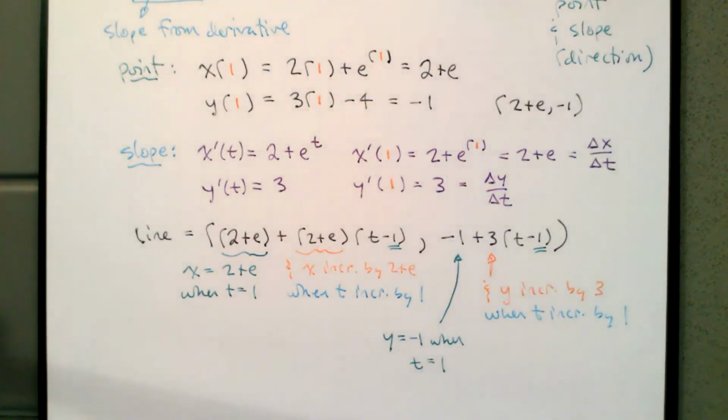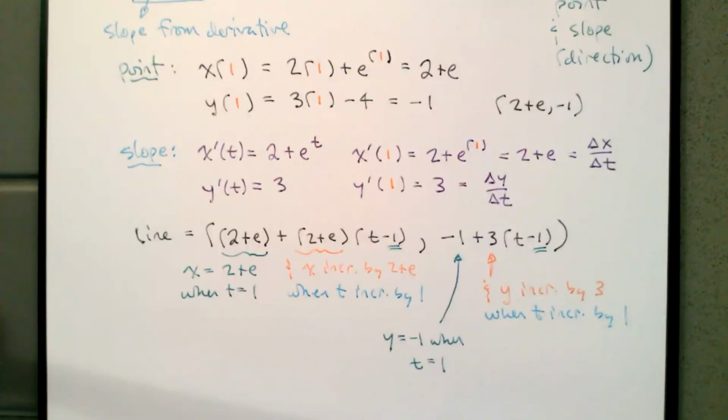Yes, please, Professor Leach. On this example, first we see the points here. So let's say the point x1, then we have 2 plus e, or y1, then we get -1. So that's the points. And then when we get the slope, we set x prime, the derivative.